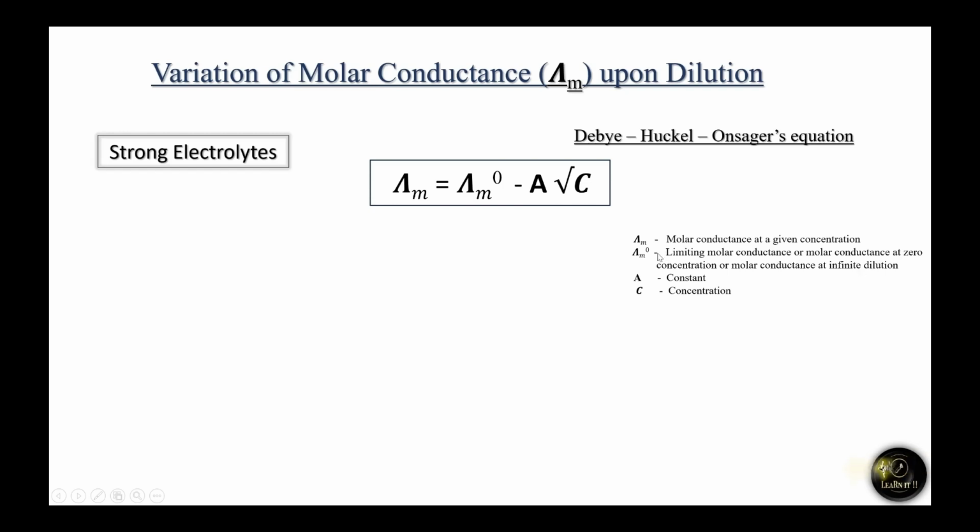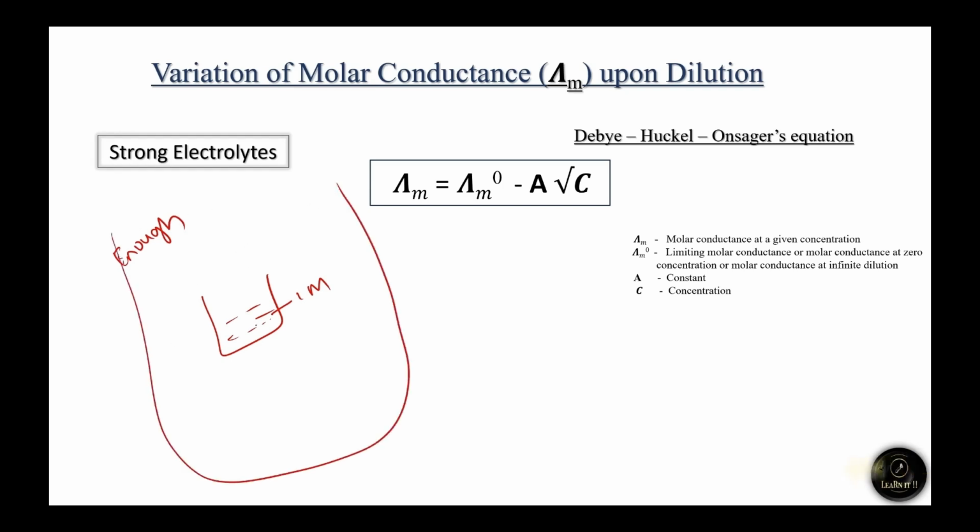It means we have taken the electrolyte, that is 1 M, and we have added enough water, like it may be 1 barrel full of water. Then whatever that barrel is containing, this much amount of electrolyte, which is distributed throughout that solution, is called an infinitely diluted solution.